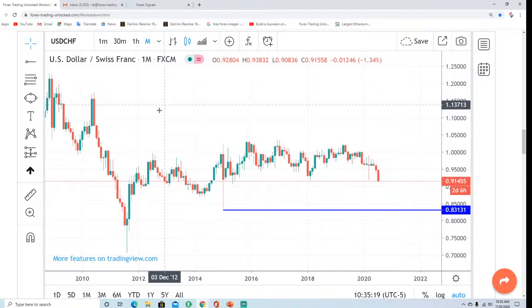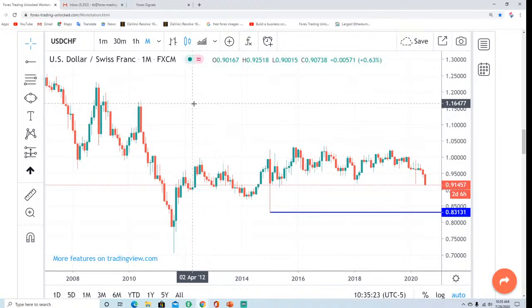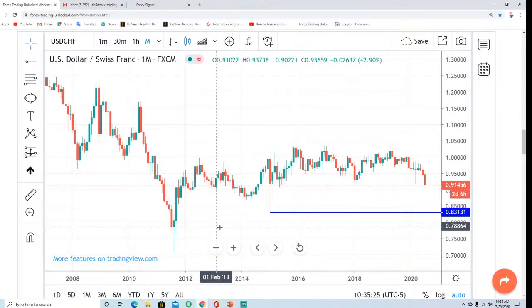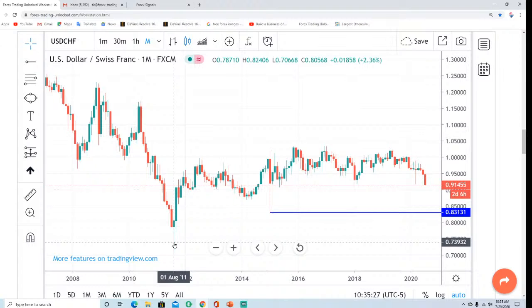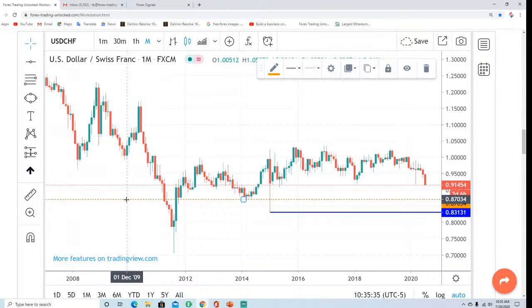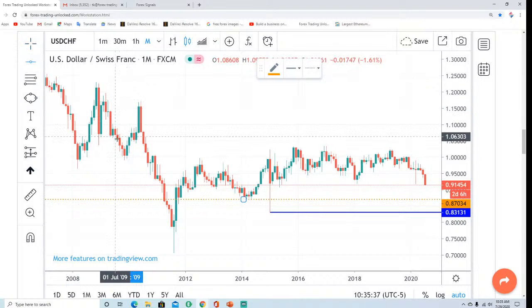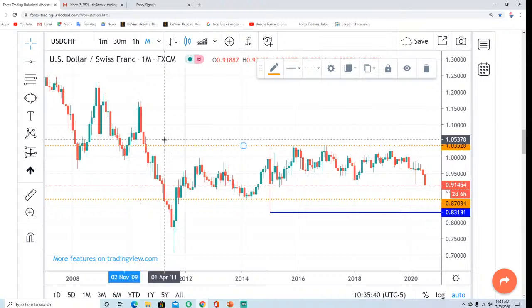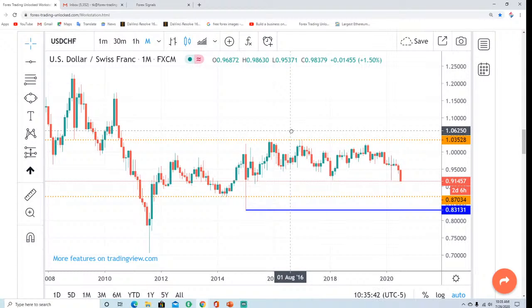So now the major reason is, if you look at it, this market bottomed here in 2011 and basically has been in a sideways range trade for a very, very long time. So the Swiss, remember, is not really a reserve currency, but it's a flight to quality currency.